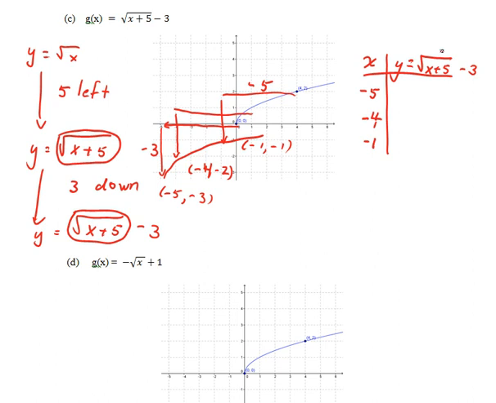So now, when we substitute those x values, we're going to get the square root of 0 minus 3, the square root of 1 minus 3, and the square root of 4 minus 3, respectively. So negative 5 goes with negative 3, negative 4 goes with negative 2, and negative 1 goes with negative 1.